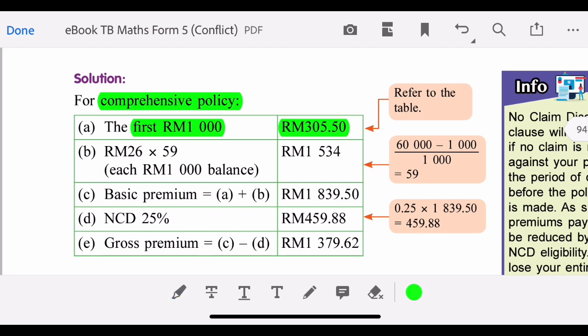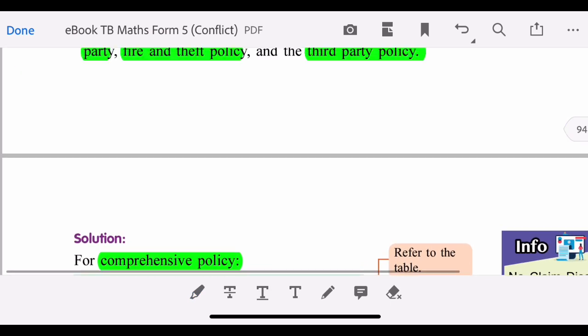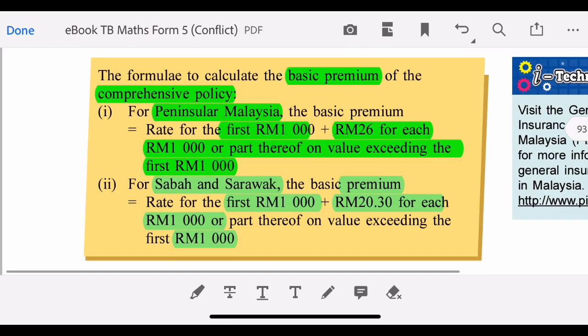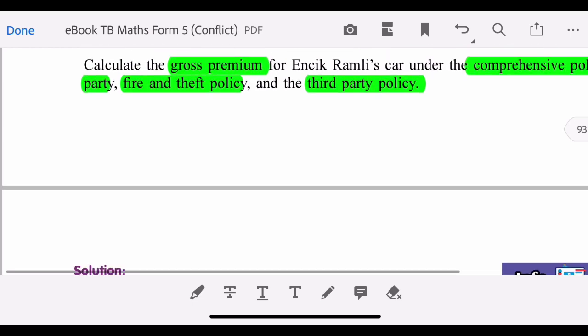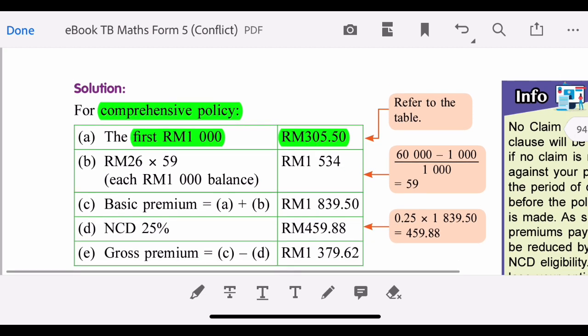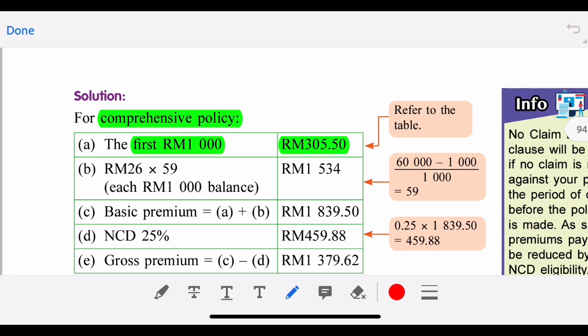And then for B, for Peninsular Malaysia, it is 26 ringgit for each 1,000. So 60,000, that means we have to take 26 times 59. Why 59 and not 60? It's because you have to take 60,000 minus 1,000, then divide by 1,000.